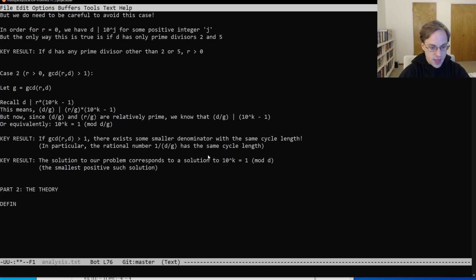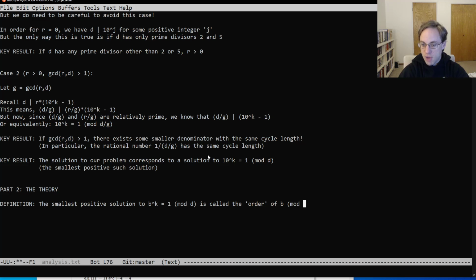Definition: the smallest positive solution to b to the k congruent to 1 mod d is called the order of b. That is the smallest positive value of k which solves this congruence. That's the order of b mod d.